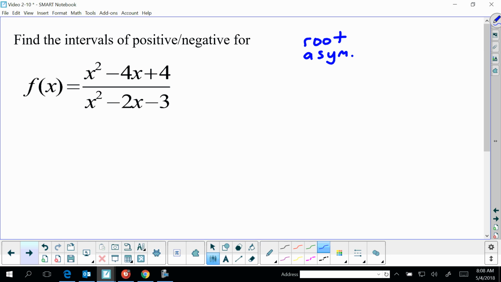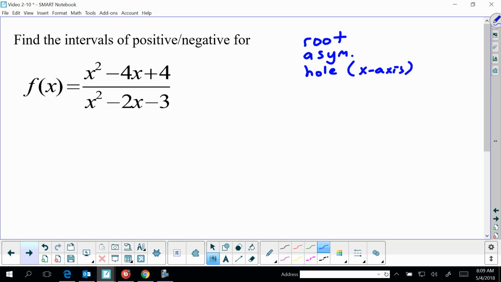So we need to see where our potential roots and asymptotes are. And I guess hypothetically, you could have a hole that is right on the x-axis, and hypothetically that would also switch as well.